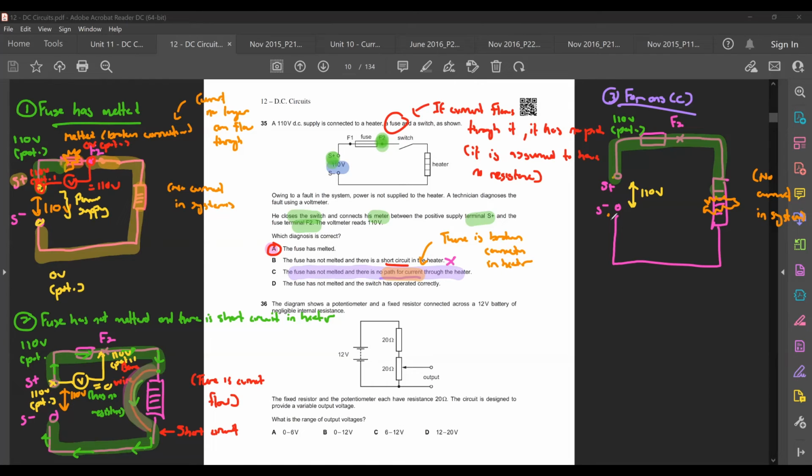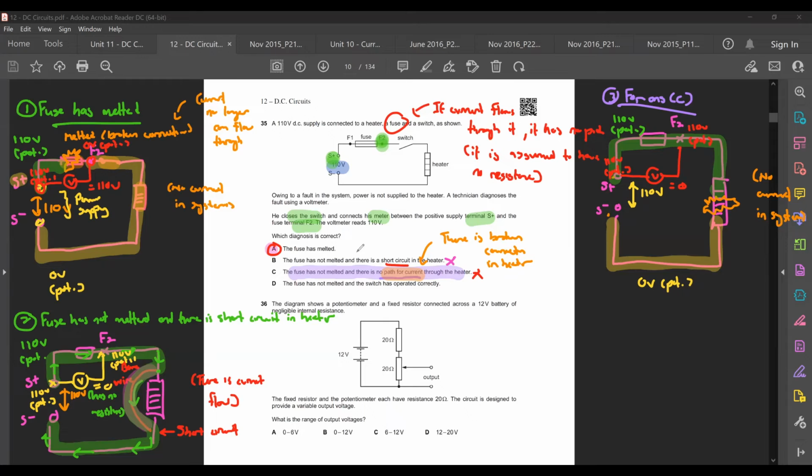But then here, go to here, this one will be 0 volts potential. So if my voltmeter is connected from S plus to F2 here, this one is 110 volts potential. This one is 110 volts potential. Obviously, this one will be 0. So I'm not getting 110 also. C is out. Okay, so that's how you look at this one.